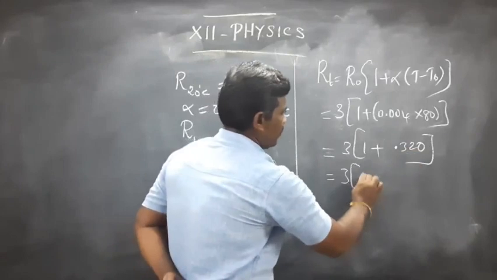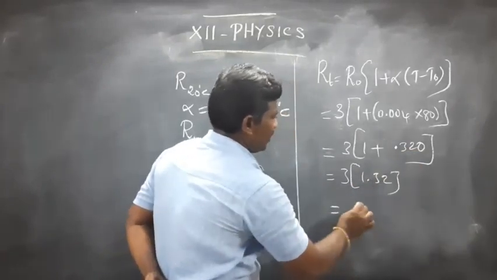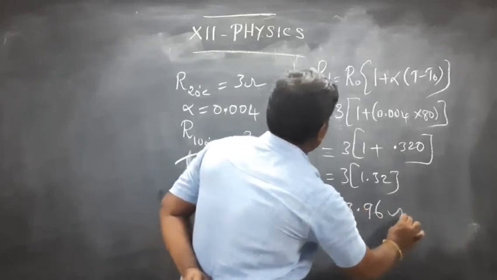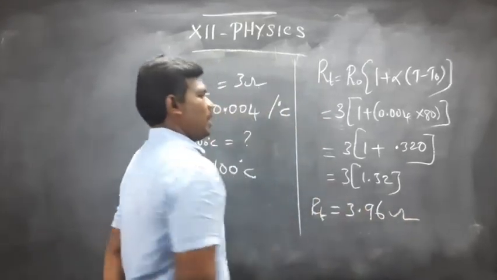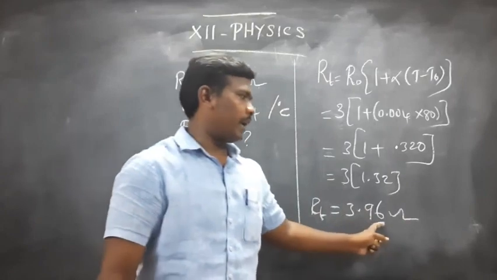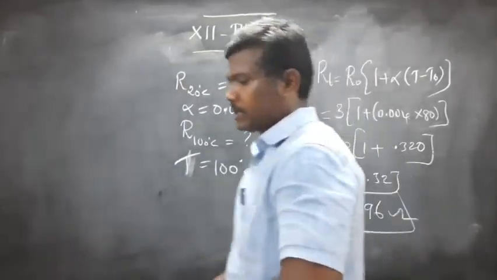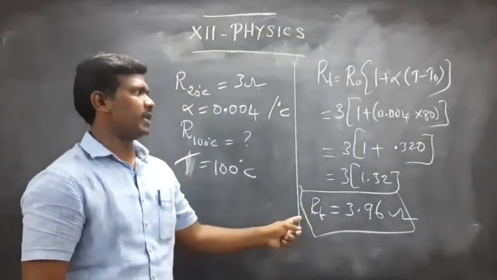So 3 times 1.32, you multiply it. The RT value is 3.96 ohm. This is the answer for this question.